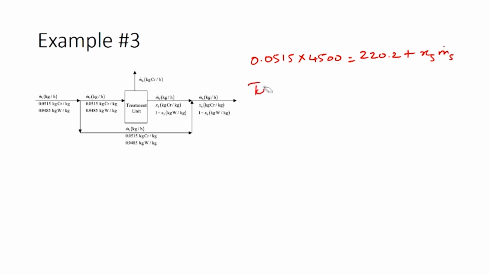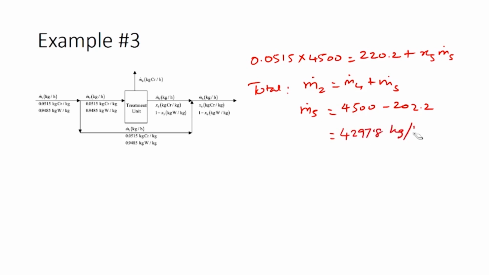We can also write a total balance for the treatment unit, which would be M2 dot equals M4 dot plus M5 dot. We already know M2 and M4. So, we can calculate M5 as 4500 minus 220.2, giving a value of 4297.8 kilograms per hour.